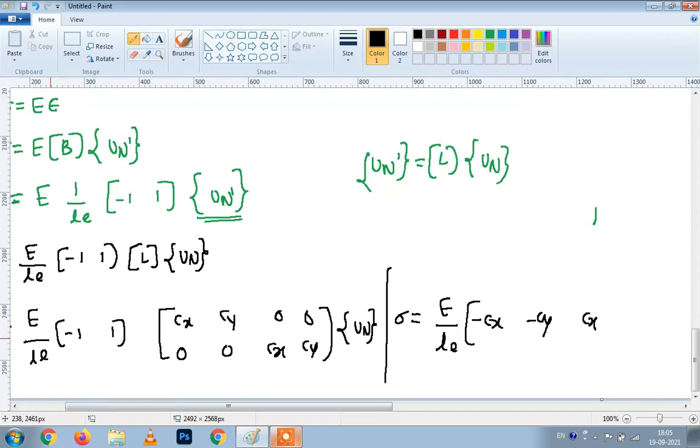And first row into fourth column, we will get Cy, into un as it is. This is the formula for stress. So in this way you can solve these numericals, and in the next lecture we will start with the numericals on two-dimensional elements. Thank you so much. Thanks for watching.